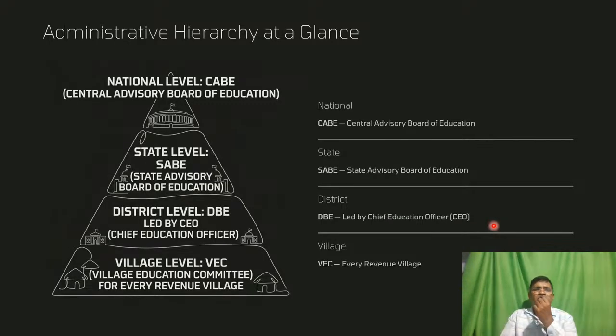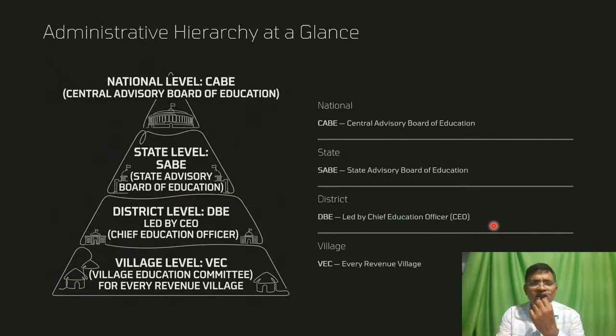So that is the thing. There is the administrative hierarchy. At the national level, that is CABE, the Central Advisory Board of Education. At the state level, SABE, the State Advisory Board of Education.